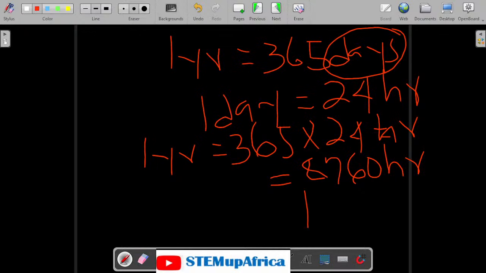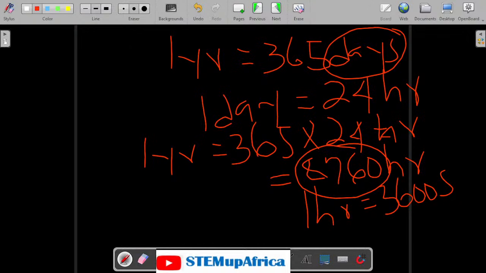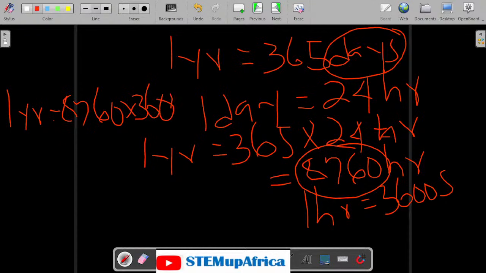What is 1 hour? 1 hour we know is 3,600 seconds. So if I multiply this value by 3,600, I'm going to have 1 year as 8,760 times 3,600 seconds.